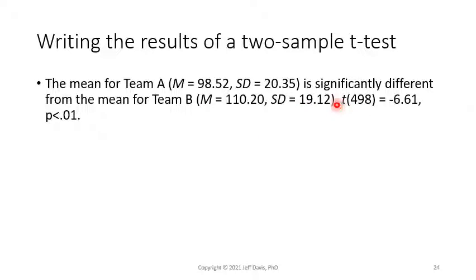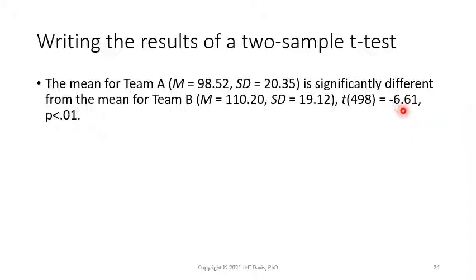And then right after that, just following a comma, I put in information showing the results of the t-test. So I indicate what type of hypothesis test was used, the t-test. I give the degrees of freedom, 498.